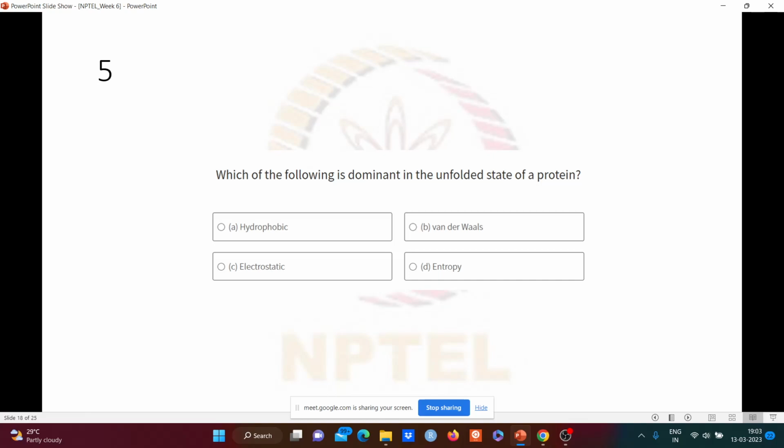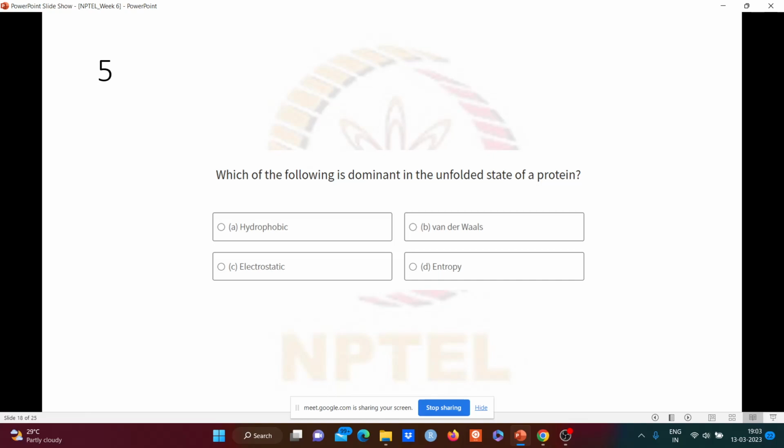When we consider a folded protein, it maintains its 3D conformation using these interactions, which hold the protein in this structure, so the randomness of the protein is decreased. Coming to entropy, the entropy of a protein in the folded state is very low.